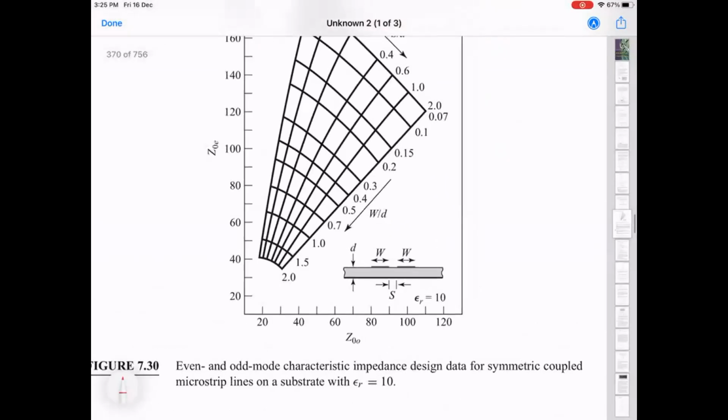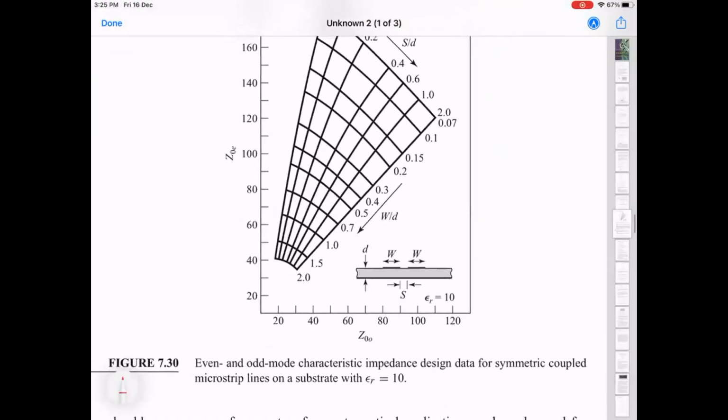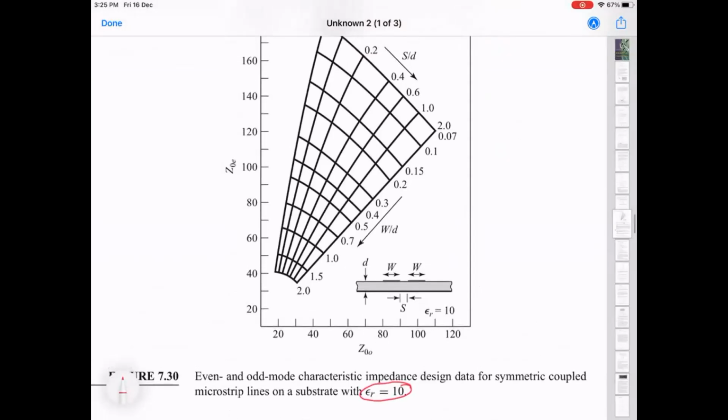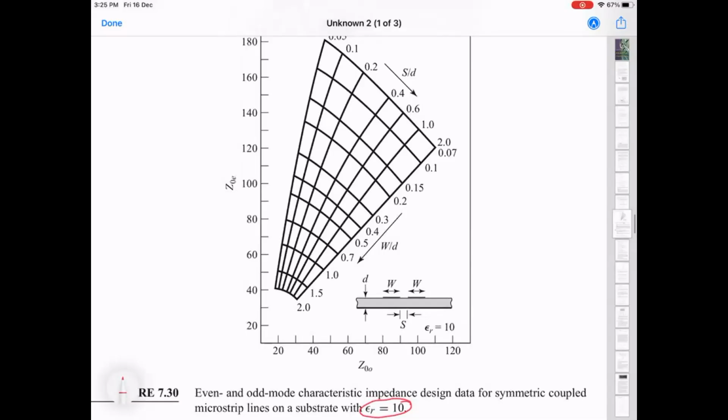Here they have mentioned that this is calculated specifically for a dielectric constant of 10, because unlike the strip line, which is TEM, this calculation doesn't scale in the same way with just changing the characteristic impedance, because the phase velocities are different, and then the calculation doesn't work.